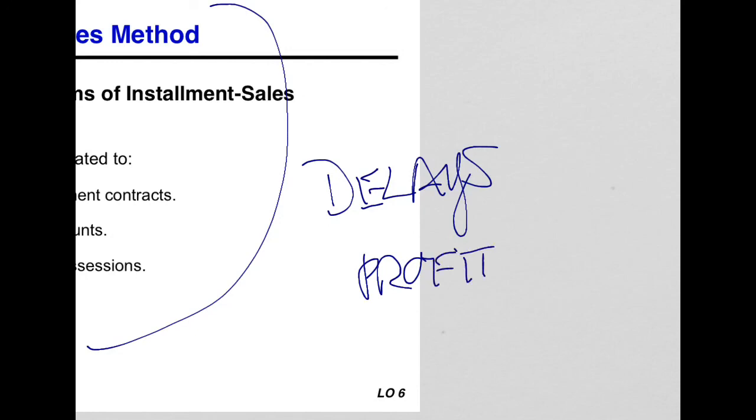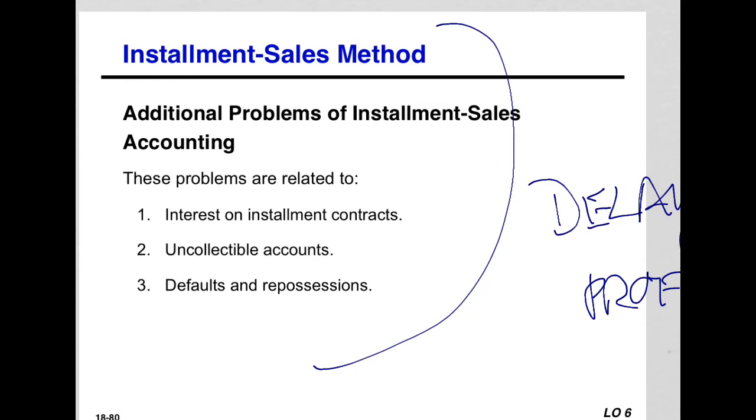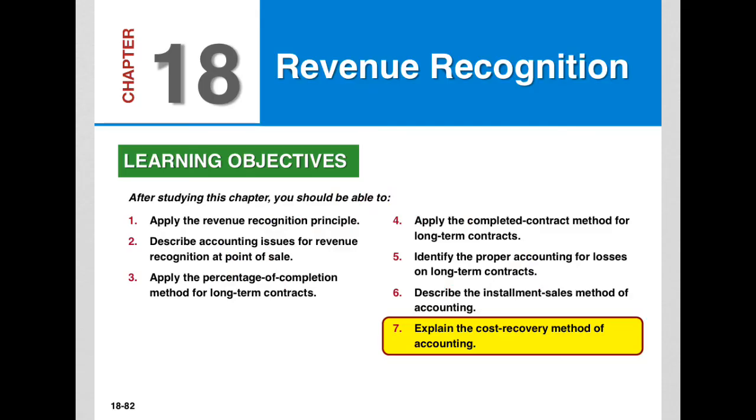It's unacceptable, basically, in GAAP, and we understand why. But there's good reason for using it in certain conditions. Okay. Let me see what else. All right, let's hold here, and we'll come back and finish the chapter up.